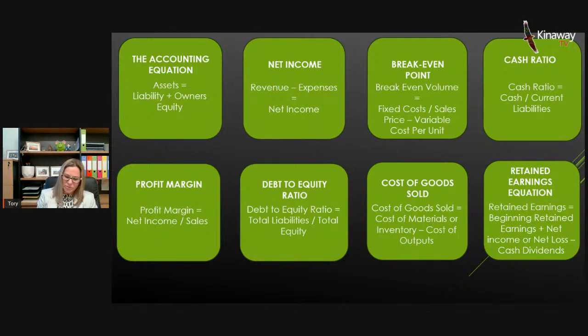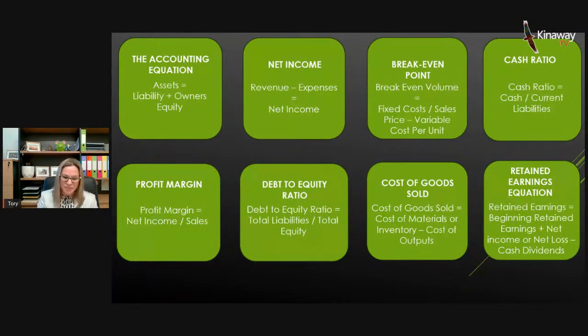And the variable cost per unit is the amount it costs you to actually make that product. So if you divide your fixed costs by the sale price of your product minus the amount that it costs you to make your product, you'll have a break-even point, which gives you an indication as to how much you need to sell in order to recover your costs or effectively break even.